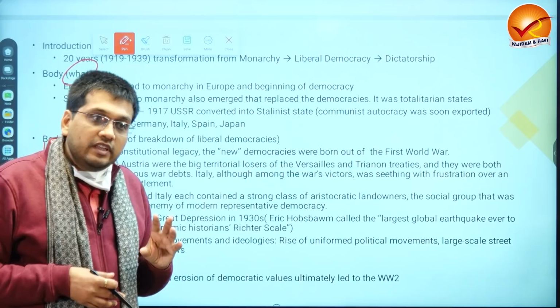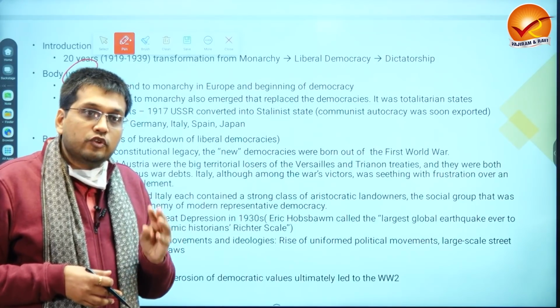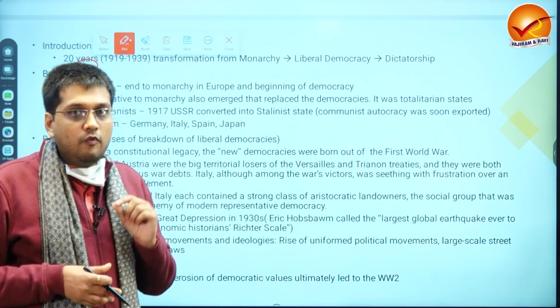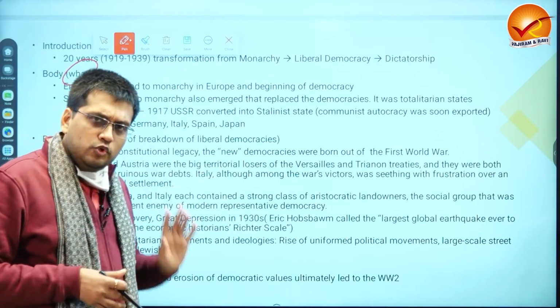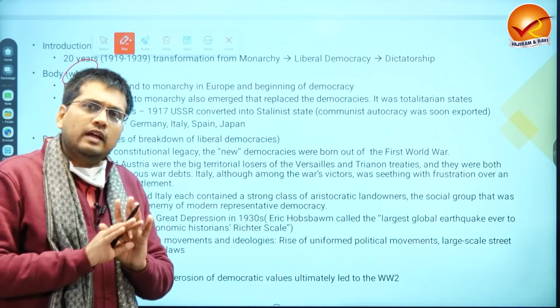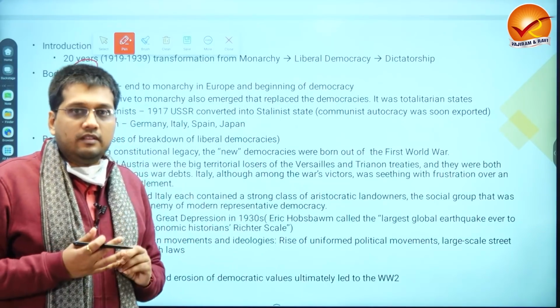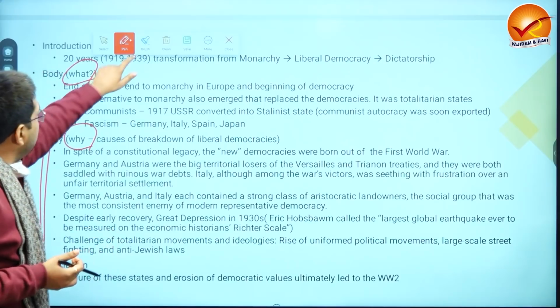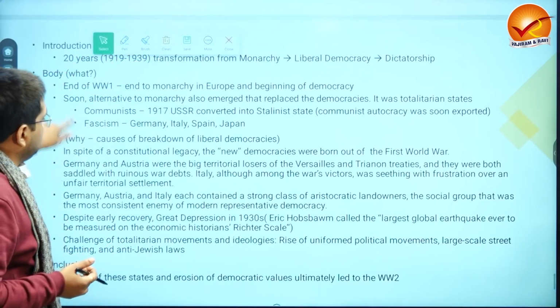So, the attempt at creating liberal democracies was very short-lived, and that soon backfired. However, this is a good, decent, normal and mark-fetching way of writing the answer. But there is another approach also, and that approach is in the next slide.